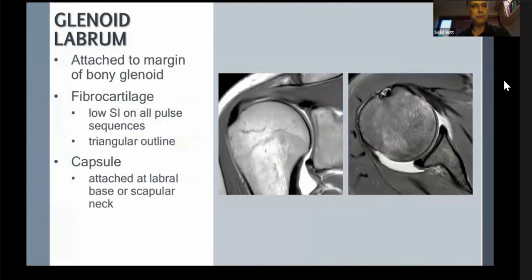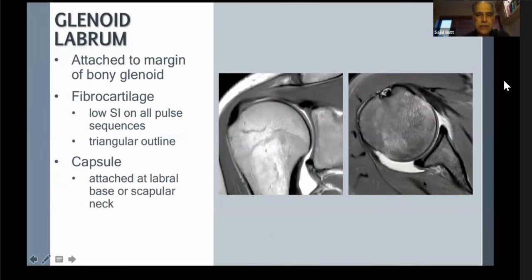What's the labrum? Labrum is, again, one of our favorite structures. It's fibrocartilage. I briefly mentioned it yesterday in my talk on the knee when we were studying menisci. So labrum is the same structure. It's fibrocartilage, and it is low signal intensity on most MR sequences.